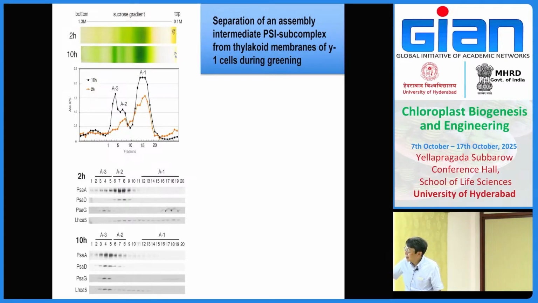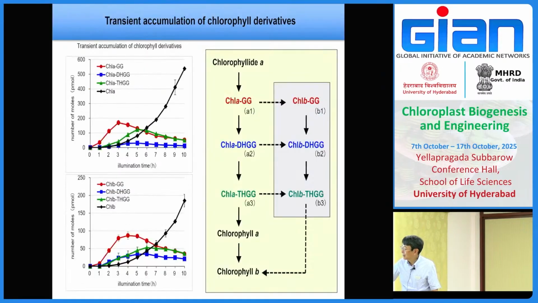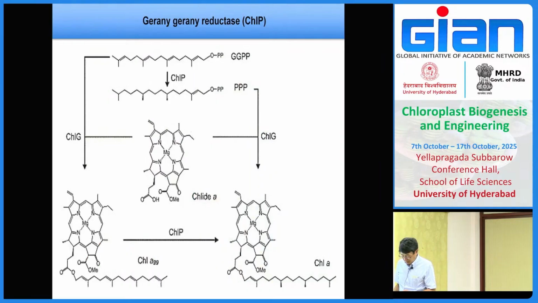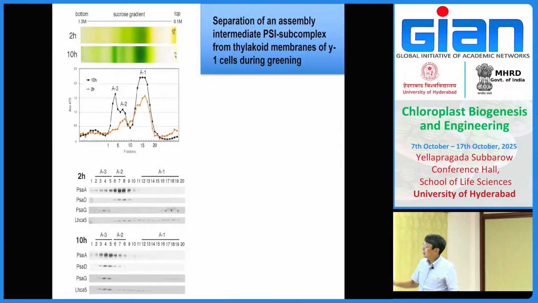At 10 hours, the A3 fraction was here, with a little bit of PS1 in A2, and PS1-LHC1. We didn't detect the PS2 antibody, but this is obviously PS2. In 2 hours, PS1 is already accumulated, but it separated mainly in the A2 fraction.